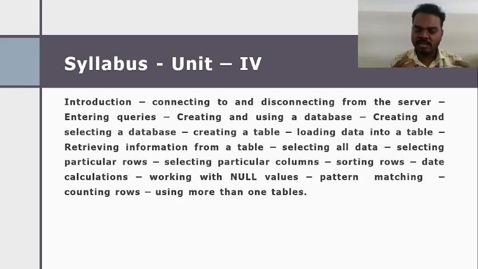When retrieving information from the table, we have different kinds of select commands. We are going to see the types of select command, how to select a particular column from the table, and how to sort the rows, then date calculation, null values, pattern matching, and how to count the number of rows. At last we are going to discuss how to combine more than one table. This is all about the syllabus of your MySQL unit.